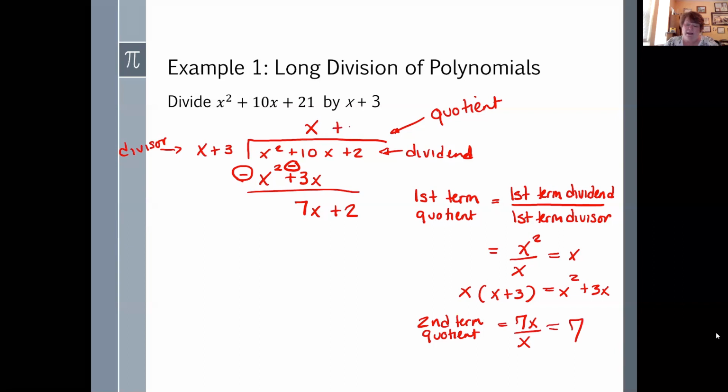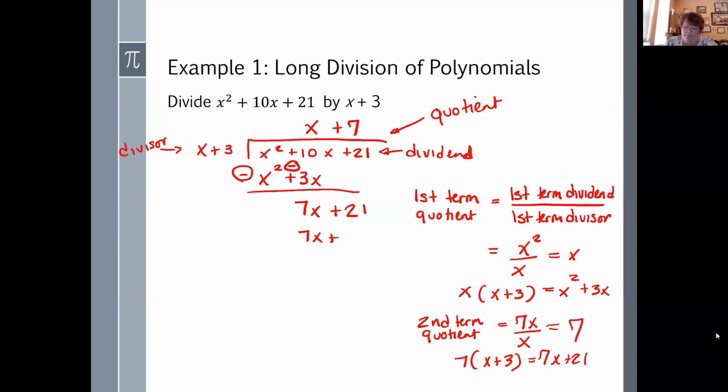And that is the second term in my quotient. Now we take that 7, we multiply it by the divisor, and we subtract that from our dividend. I see I got an error there. That should be 21. It's x squared plus 10x plus 21, and I had written a 2. I apologize. That should be 21.